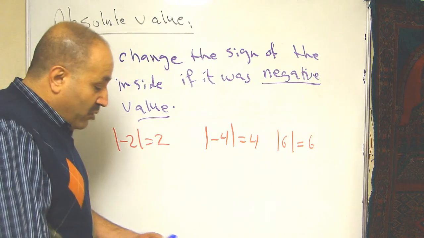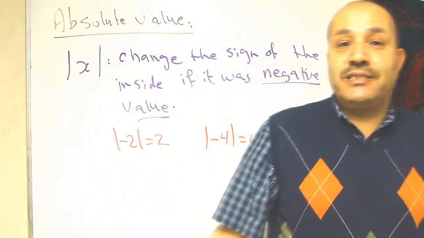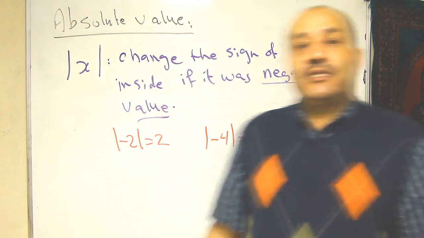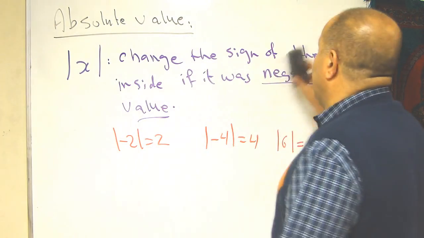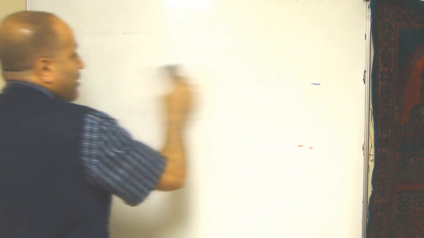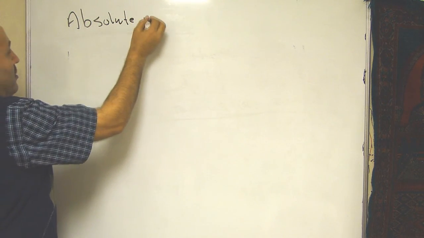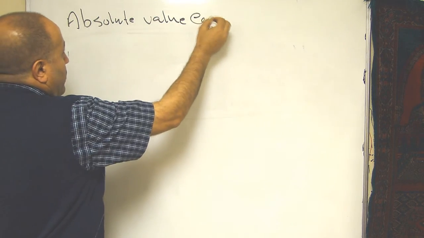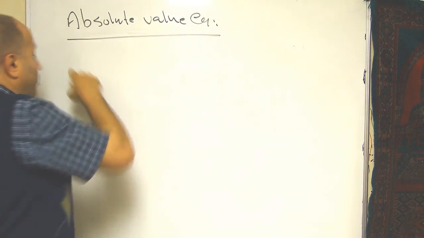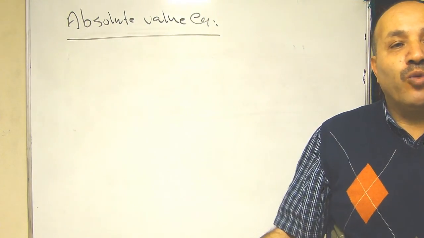And actually, we are going to talk about two things today: the absolute value equations and inequalities. When we say absolute value equation, this is what we have to keep in our minds. Remember, it is an equation, which means the unknown must be on one side.